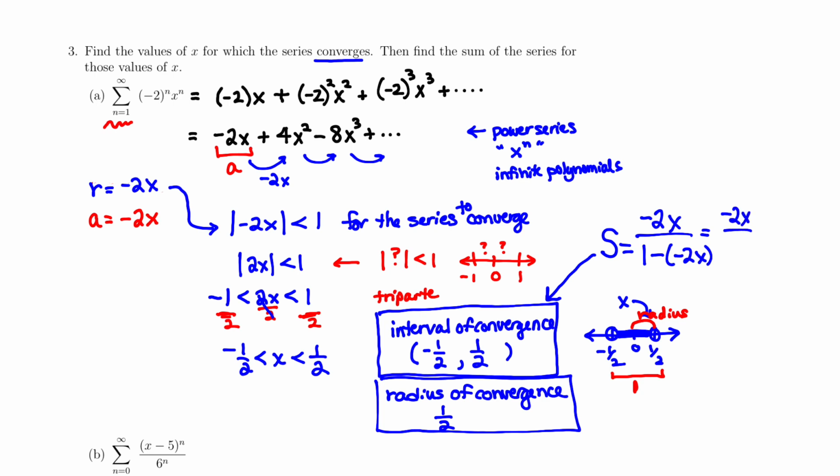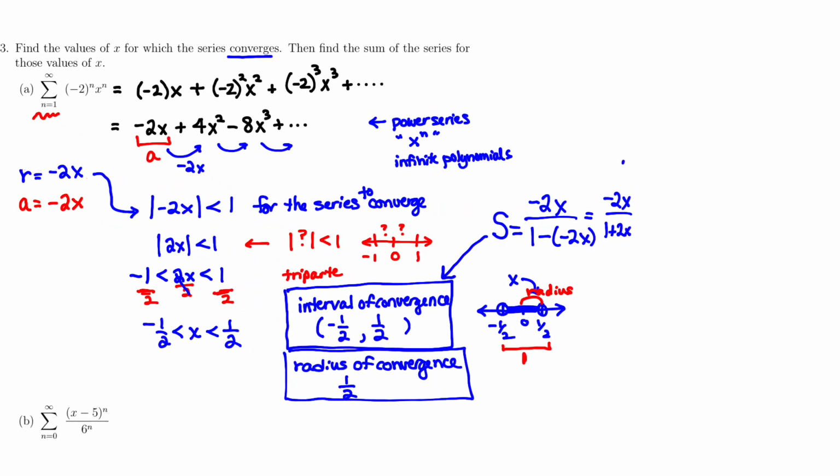So if this series does converge, so if I'm in between -1/2 and +1/2, then my series converges to this sum.